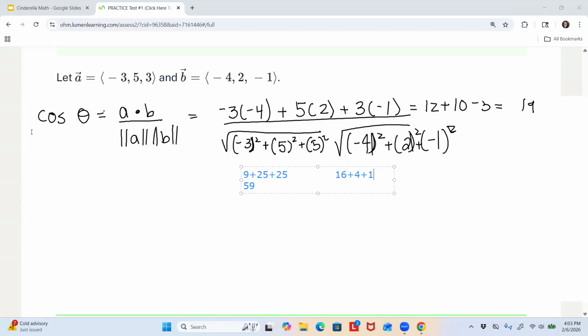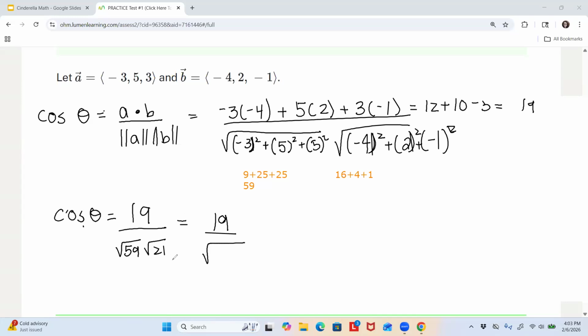So I am now at cos theta equals, the top is 19 and the bottom is root 59 and root 21. You are allowed to multiply roots, so let's go ahead and do that. Oh, hold on here. That's a 3.